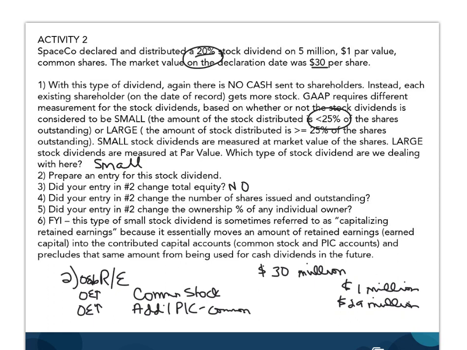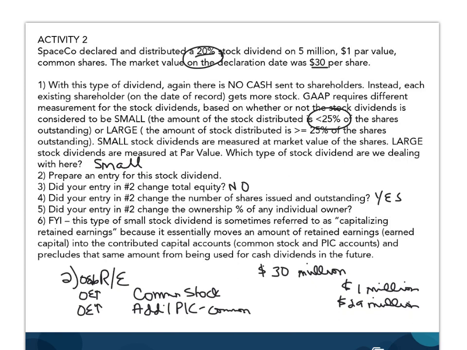Did it change the number of shares issued and outstanding? Well, anytime you see a credit to common stock, you know that answer is yes. If you saw a debit to common stock, we have also changed the number of shares issued and outstanding. Anytime you see this account in the journal entry, you have made a change to the number of shares issued and outstanding.